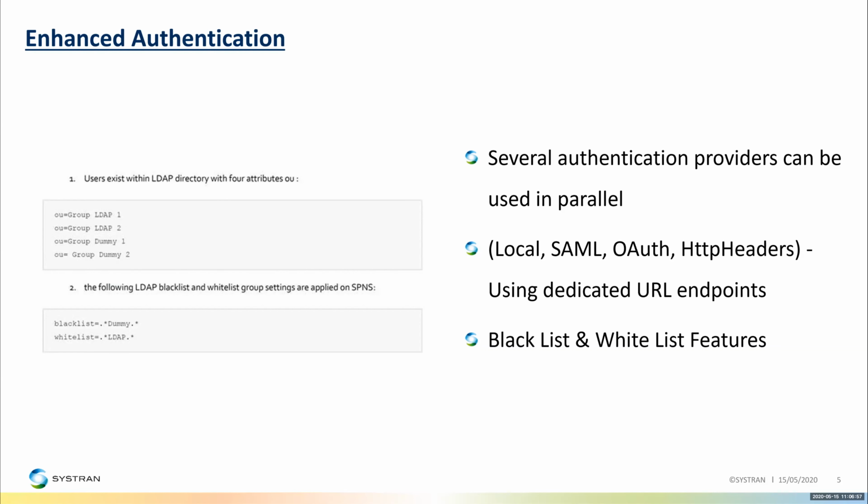With the blacklist feature, it's going to filter out groups when a user is logging in with an external provider. And with the whitelist one, it's only going to add groups that match one of the regular expression patterns when a user is logging in with an external provider. So you can whitelist and blacklist the users or the groups depending on the needs.